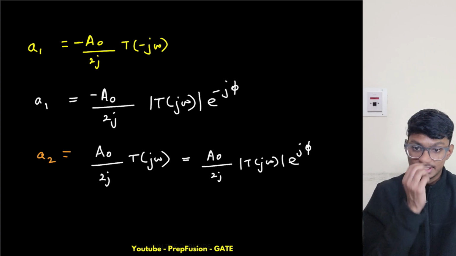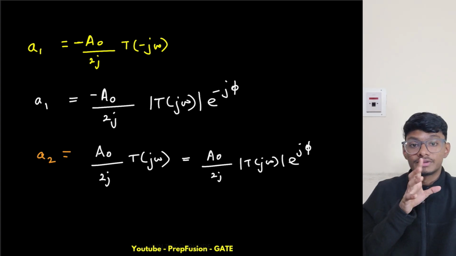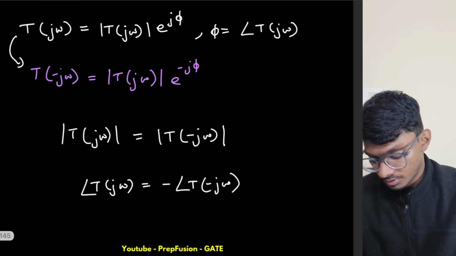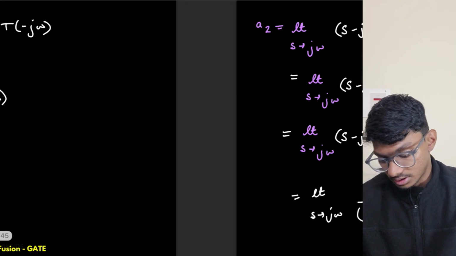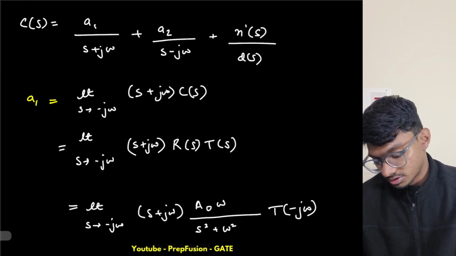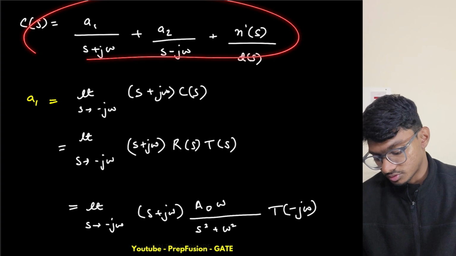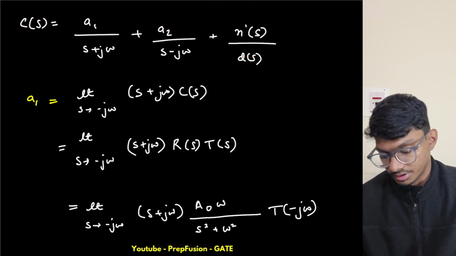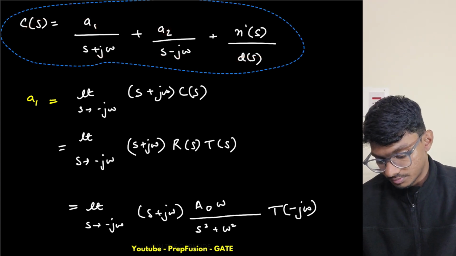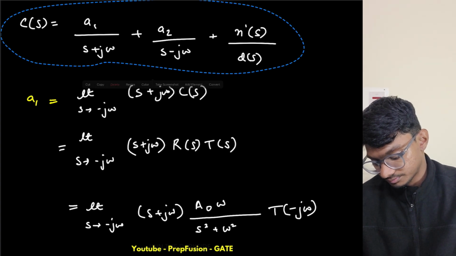This is only a simple one. Now let me replace this in the previous equation. What was my C of s equal to? This C of s was equal to this one. So I will replace my e1 and e2 here.